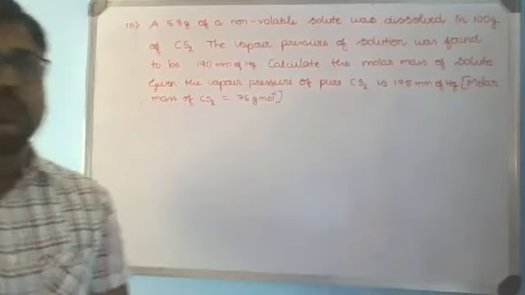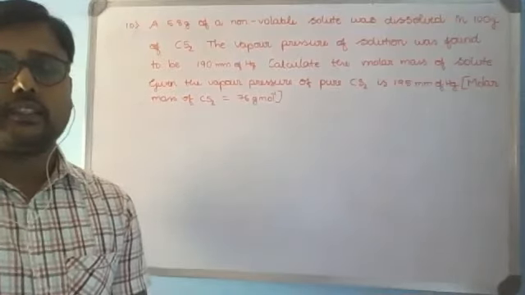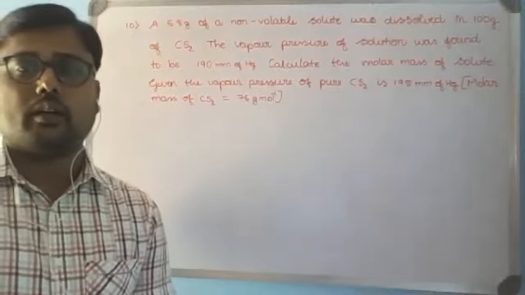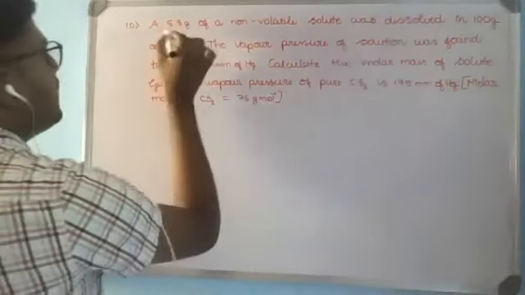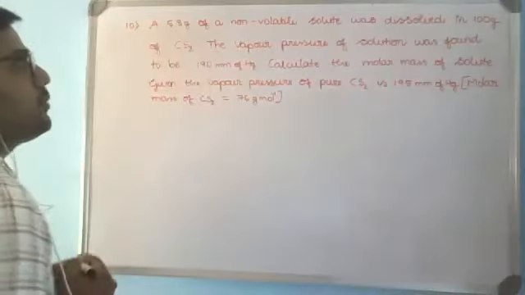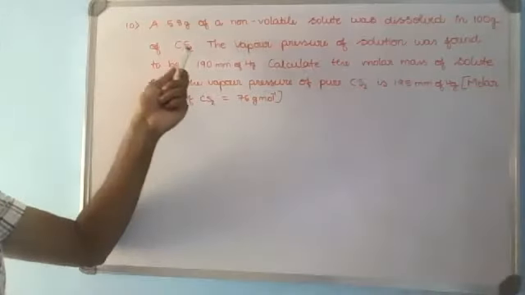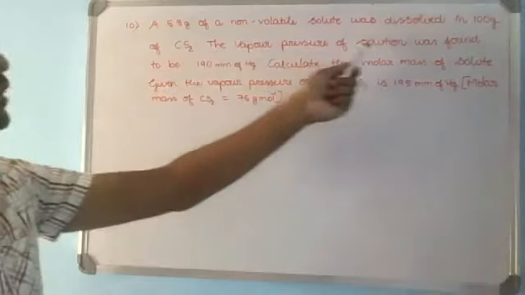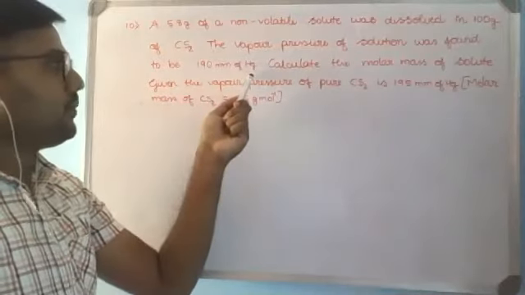You can observe a similar problem of the previous type. It is again based on relative lowering of vapor pressure. If you observe the problem, 5.8 grams of a non-volatile solute was dissolved in 100 grams of carbon disulfide, that is CS2. The vapor pressure of solution was found to be 190 mm of Hg.